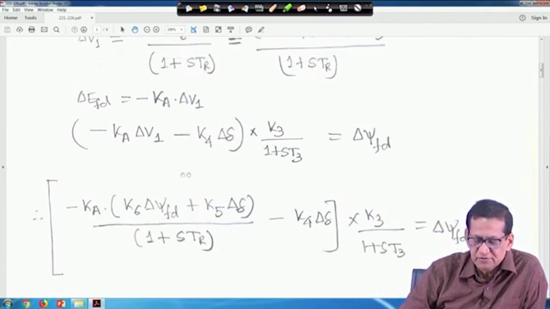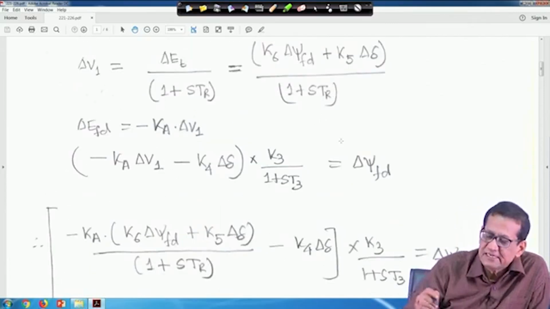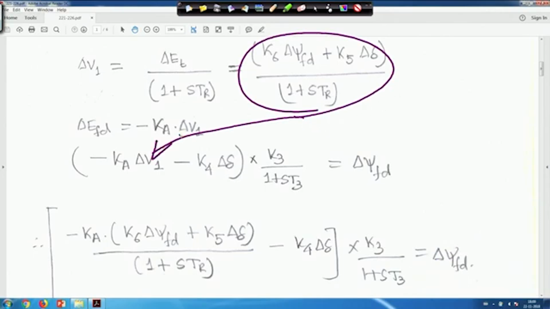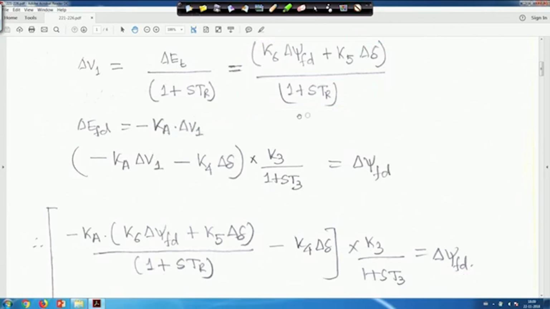So, you substitute this whole delta V 1 here: minus k a into k 6 delta psi f d plus k 5 delta upon 1 plus S T r, minus k 4 delta into k 3 upon 1 plus S T 3, is equal to delta psi f d. Next, you simplify.